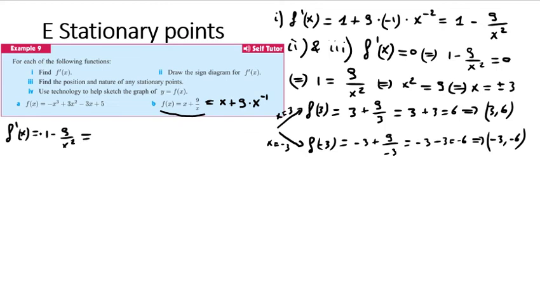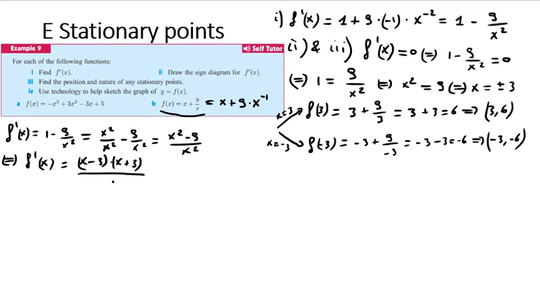So we do 1 times x squared divided by x squared, because x squared divided by x squared is just 1, minus 9 over x squared is equal to x squared minus 9 over x squared. So the derivative is equal to x squared minus 9, which is x minus 3 times x plus 3, divided by x squared.